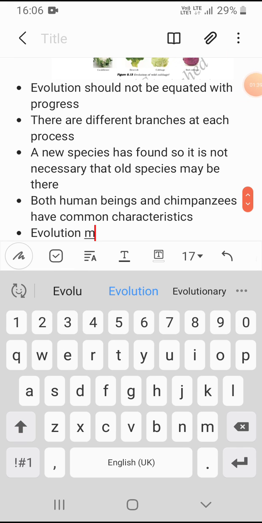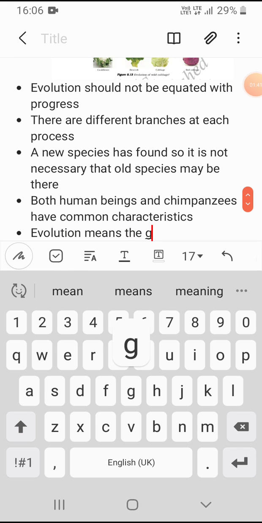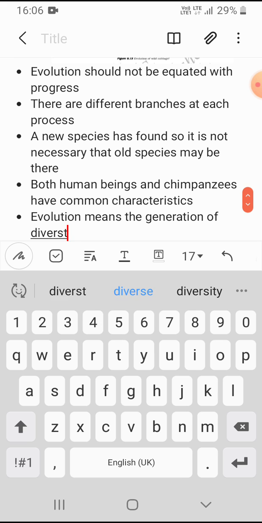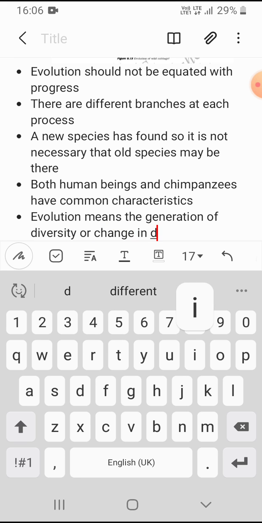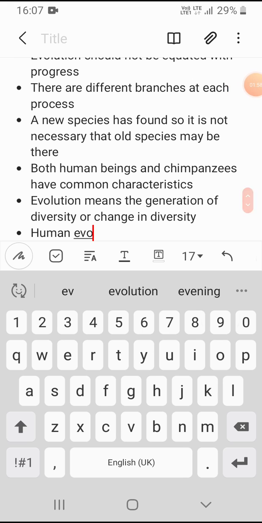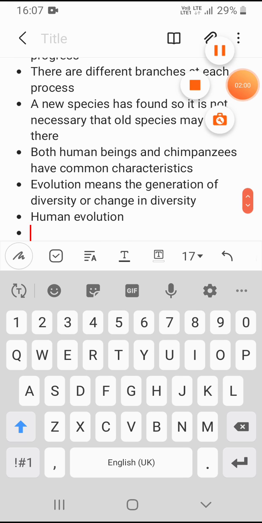Evolution means the generation of diversity or change in diversity. Evolution also means human evolution, how humans evolved. So let's come to human evolution.